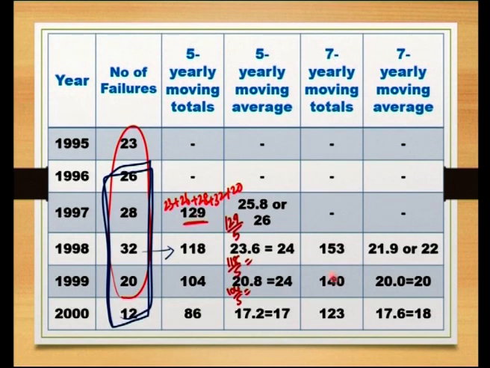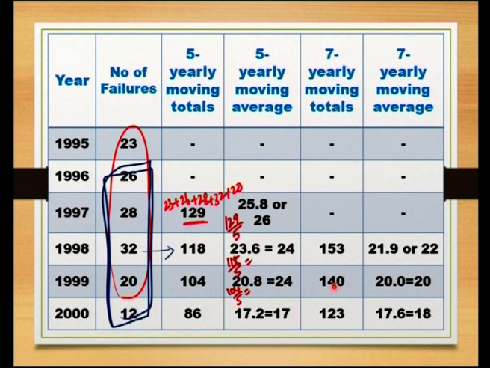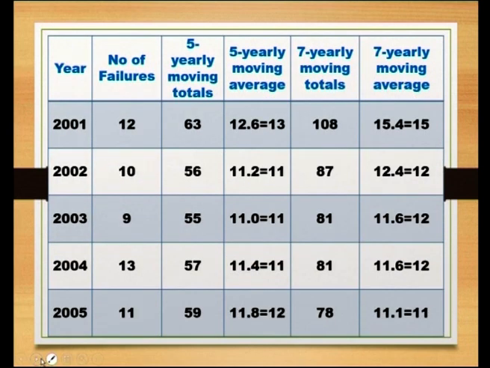So, 140 is obtained by adding 26 plus 28 plus 32 plus 20 plus 12 plus 12 plus 10, and it is written in the middle of the 7 values. The middle of the next 7 values is 20, corresponding to the year 1999, and its moving average is 140 divided by 7, which is 20. Like that 5-yearly moving totals and averages, and 7-yearly moving totals and averages are calculated. We can check up with these values.